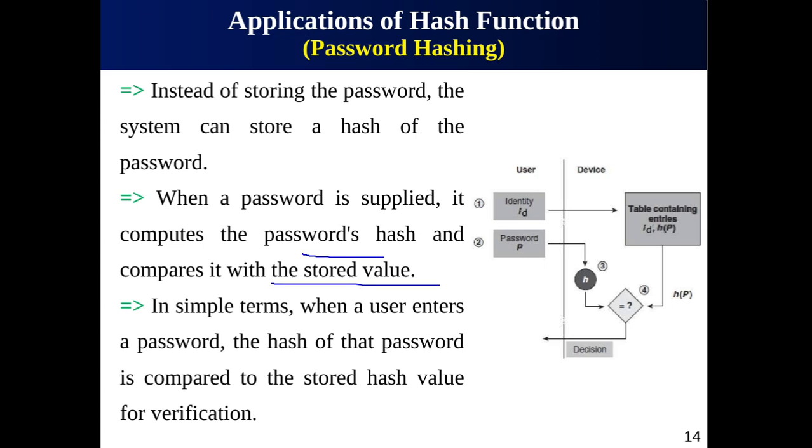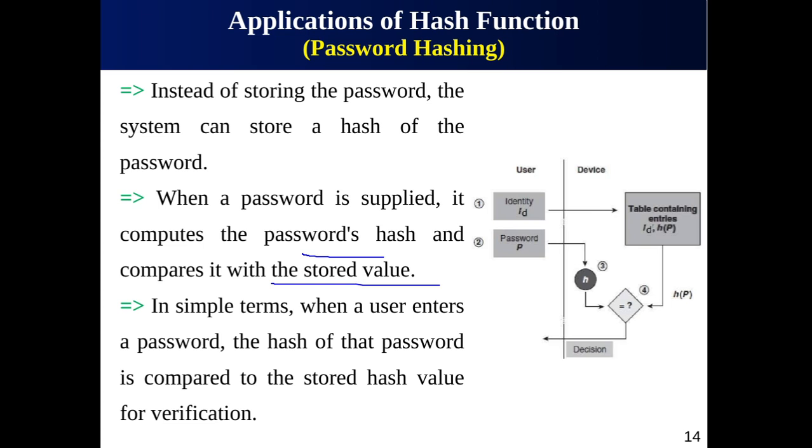Suppose a user supplies a password, then the system will compute the password hash and compare it with the stored value. If the hashed password file is obtained by the attacker, then it is not useful for the attacker because the password can't be derived from the hashes. The process is not reversible. Our passwords are in encrypted form, as hash values. So it is useless for the attacker to obtain the password or the plain text from those hash values.